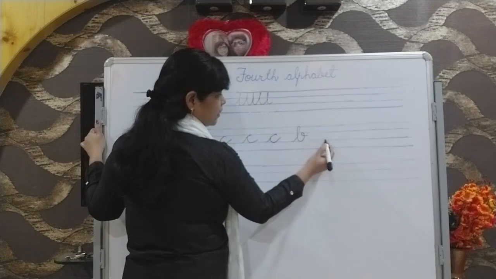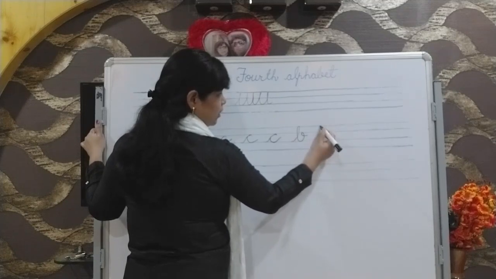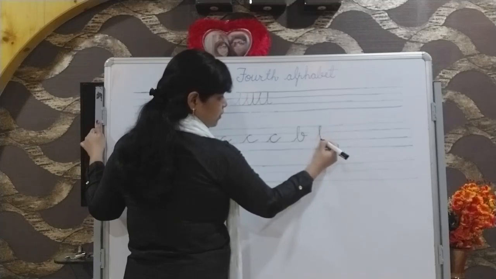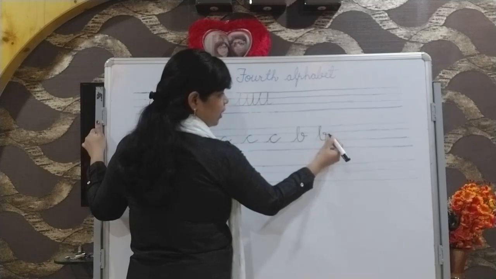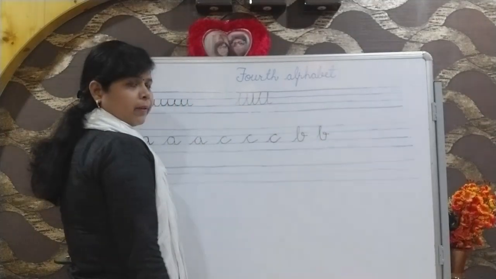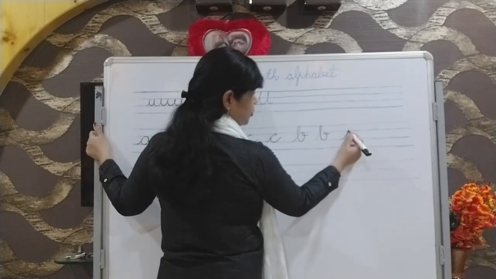From the third line we will start and go to the upper side. Then move back and come down. From here make a curve. We have to go up to the second line. Then move inside and outside. Is that clear? It is small letter B of cursive.